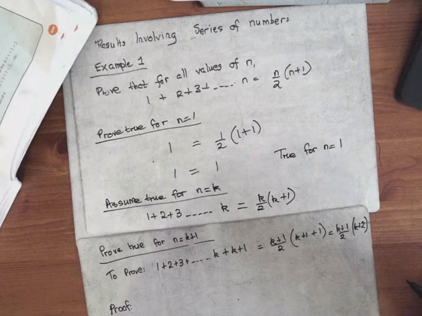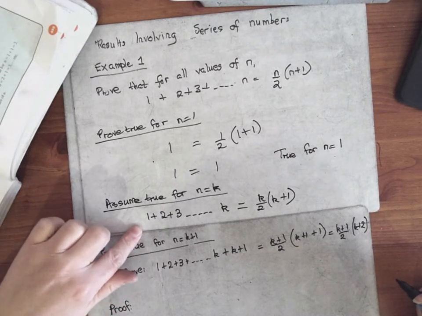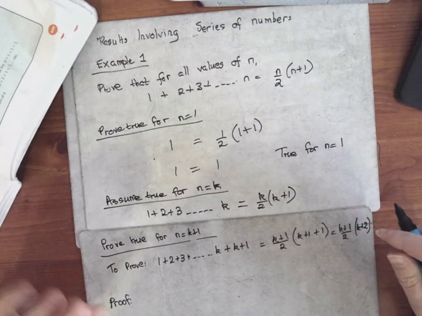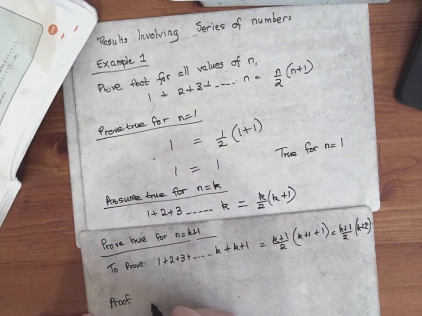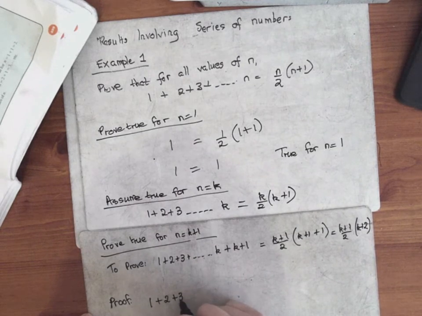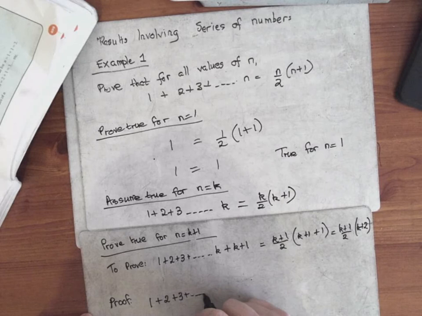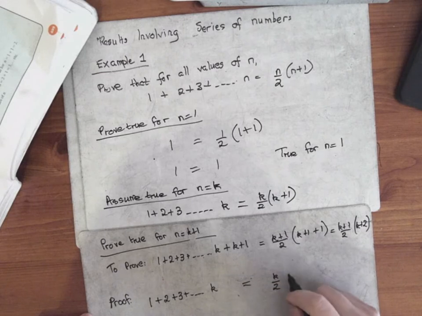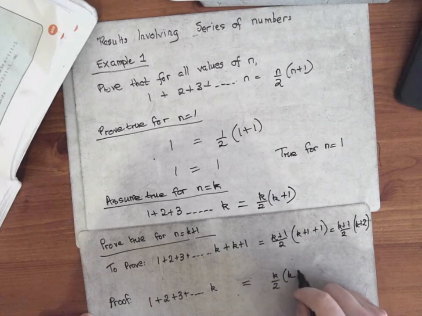And you always start a proof with a true statement. So the only true statement I know is here. I assumed it's true, but I'm taking that as true. So the proof: 1 plus 2 plus 3 plus all the way up to k is equal to k over 2 times k plus 1.